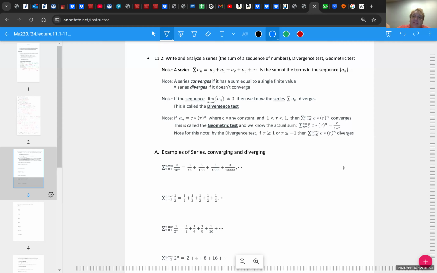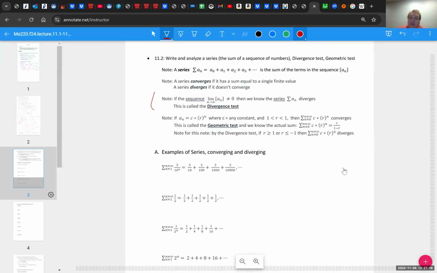So the first one, a lot of students get confused, but it's actually one of the more important ones that we use quite often. If the sequence has a limit that's not equal to 0, then we know for sure that the series diverges.